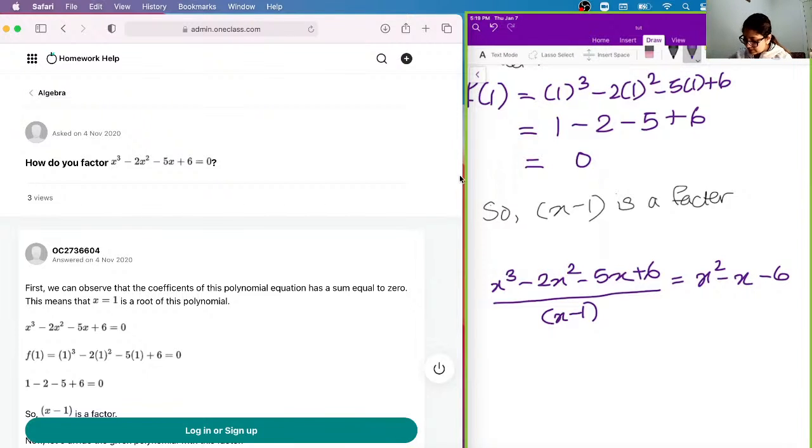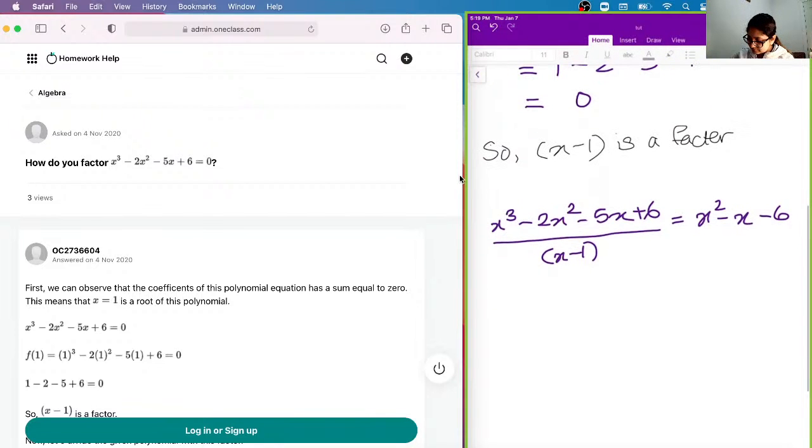So you would basically have another polynomial here, and you would write this in factored form, which is x minus 1 times x squared minus x minus 6. So these two are factors of this polynomial, which equals 0.